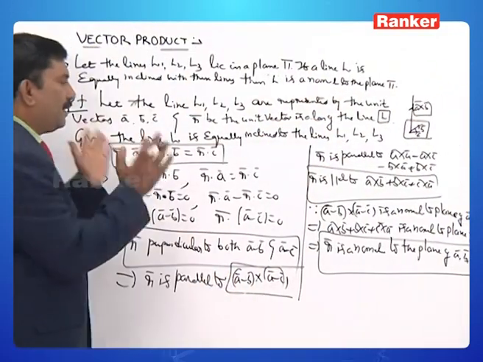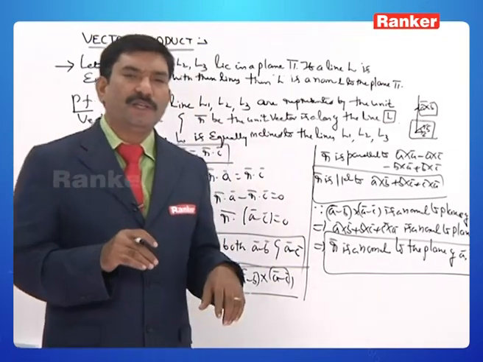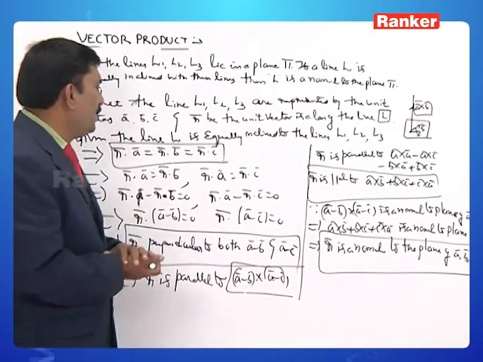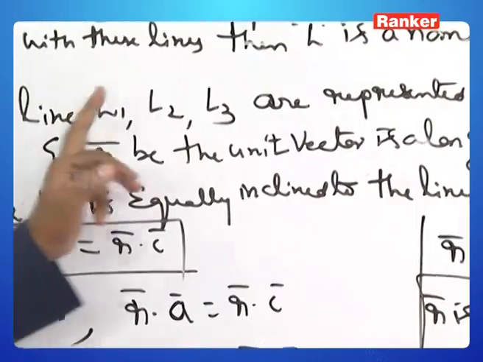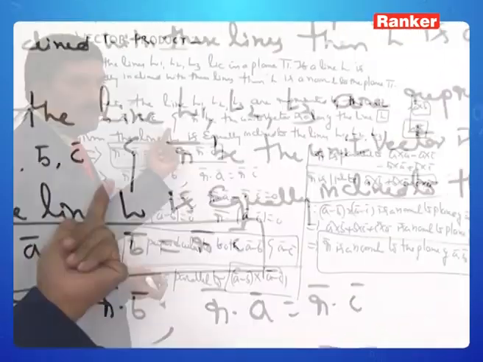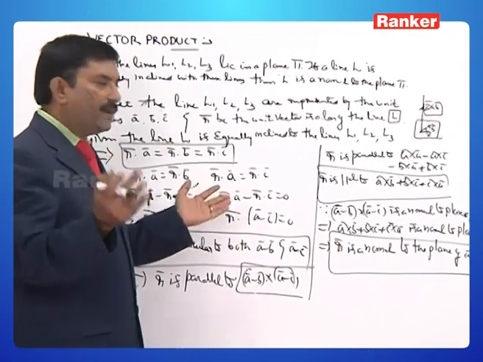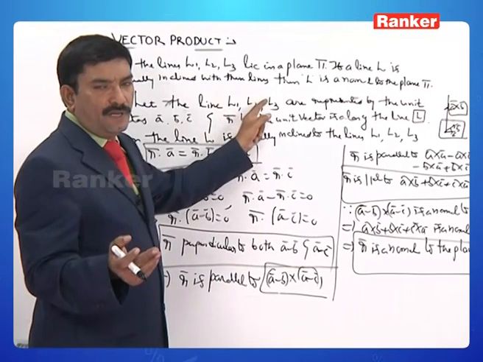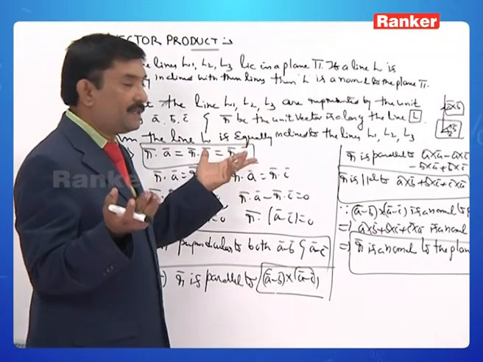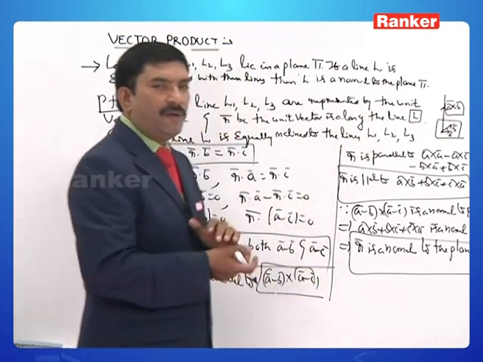So now in this concept, you come across dot product as well as cross product in defining L as normal. Let the lines L1, L2, L3 be represented by the unit vectors A bar, B bar, C bar, or else the unit vectors A bar, B bar, C bar are along the lines L1, L2, L3. You can also take it that way. And R bar, the unit vector, is along the line L.